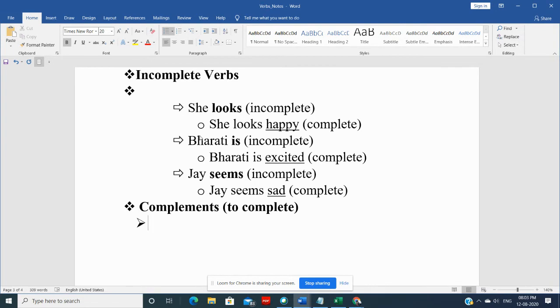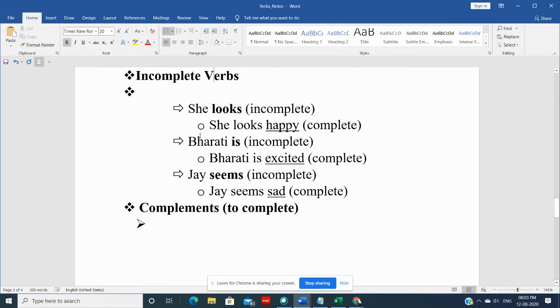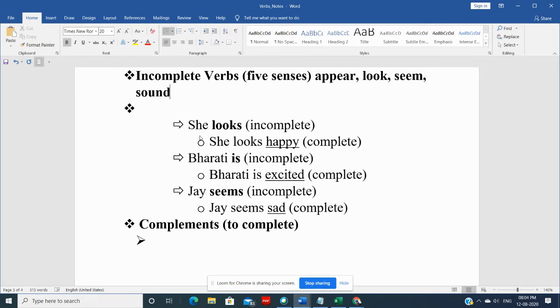So, verbs like looks, seems, appears, is, all these verbs related to our five senses, they are called incomplete verbs. So we can say that they are related to our five senses, like appear, look, seem, sounds, right?